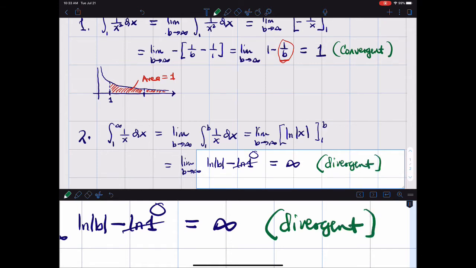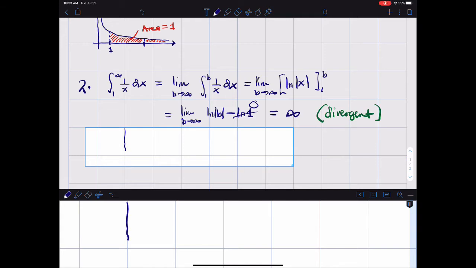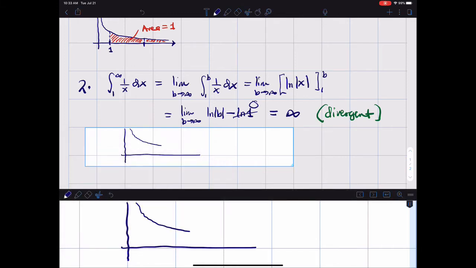If you look at the graph of 1 over x, it sort of looks like the graph of 1 over x squared. But magically, 1 over x squared converges, and 1 over x doesn't. It's just that the tail is a little fatter.